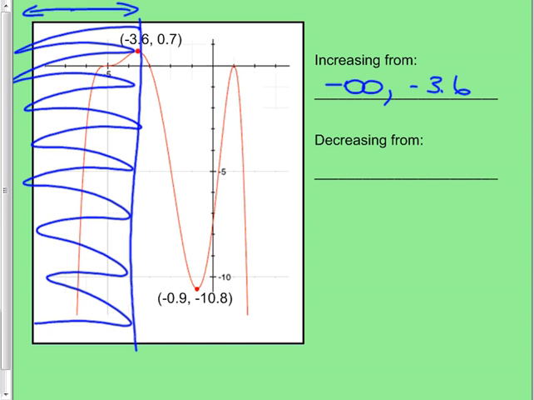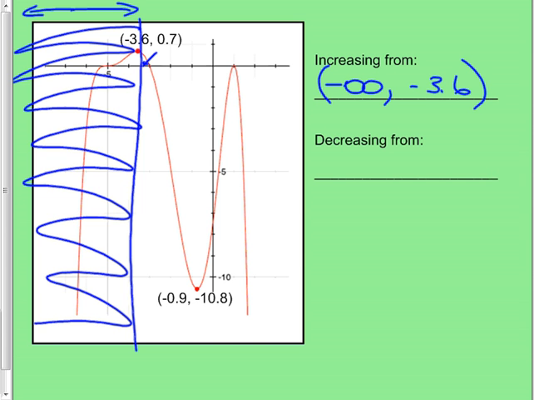So I say that from negative infinity until negative 3.6, which is where it hits right here. In that zone, it was increasing. Okay, so I'm going to say like this. We just put parentheses around this kind. We don't think a lot about, is it at that spot or not at that spot? You don't have to use brackets. You just use parentheses for everything on this kind.